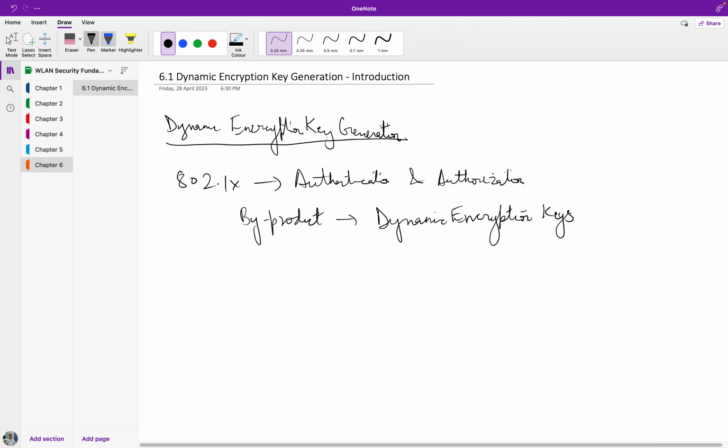That's the byproduct of EAP authentication. An EAP protocol that utilizes mutual authentication can provide seeding material that can be used to generate these keys.